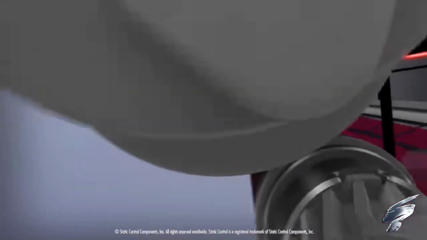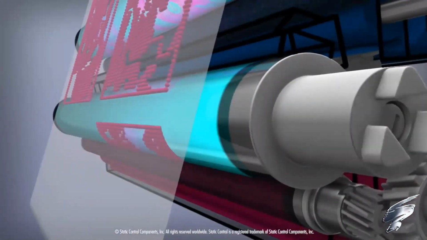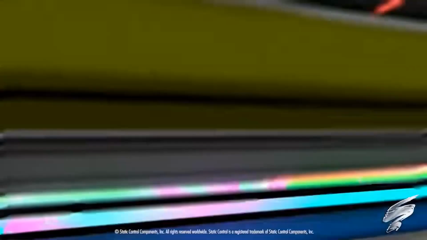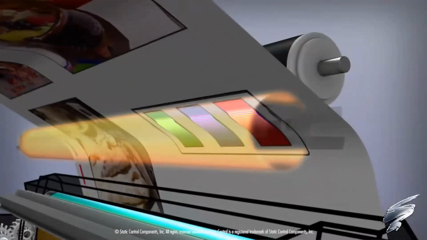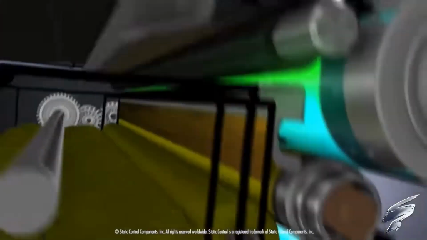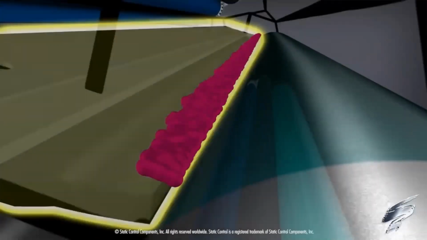The toner on the OPC drum is then transferred to the paper. This process occurs within the 4 color cartridges in every laser printer. The paper with the toner then passes through the fusing assembly, where it is melted and fused to the paper. Any toner remaining on the OPC drum is cleaned and moved to the waste bin by the wiper blade.